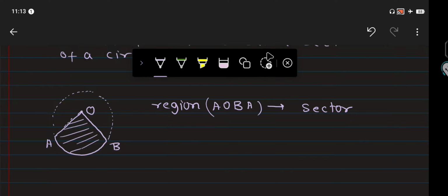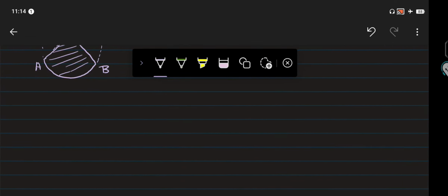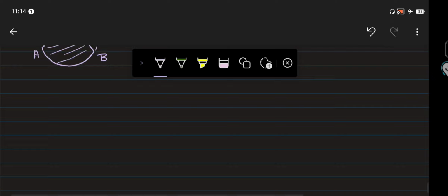So in this diagram also we have two sectors. One is this one, another will be the left one. So let's draw it separately.